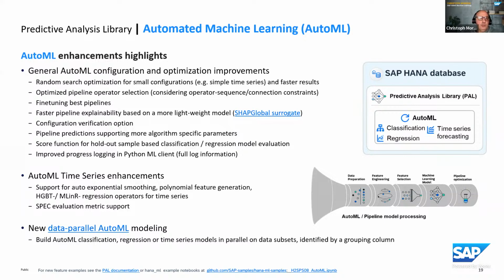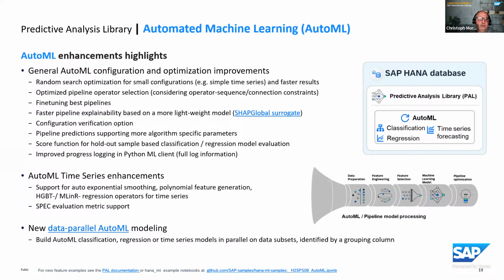There's a visual editor in the Python machine learning client for specifying the AutoML scenario configuration, including verification of what you have defined is kind of a valid pipeline. A score function has been made available, which is certainly important.